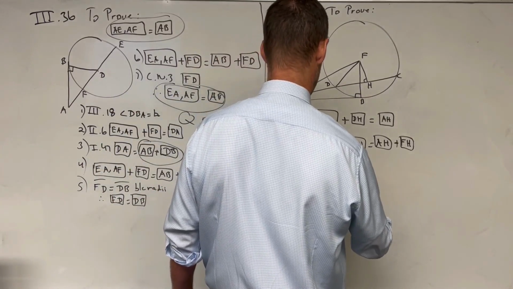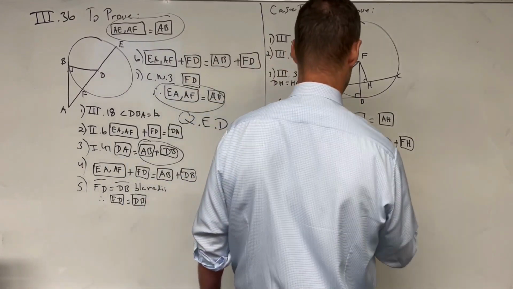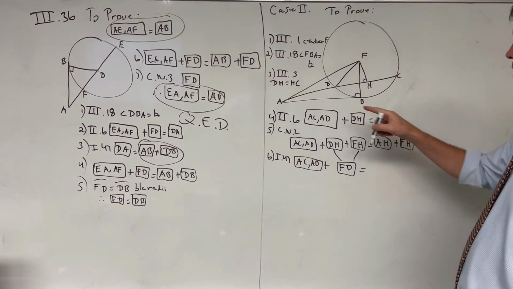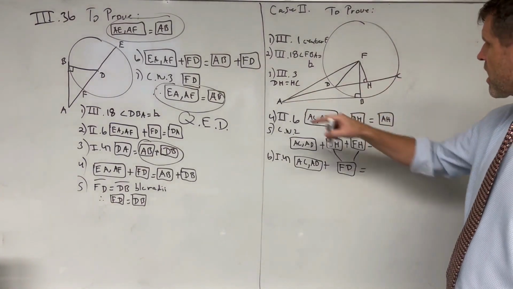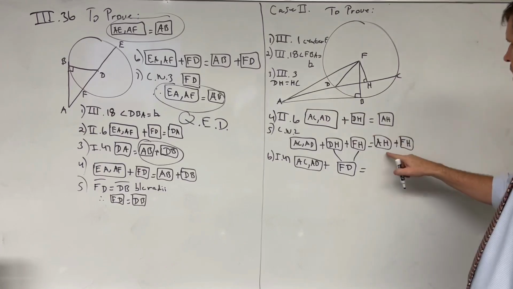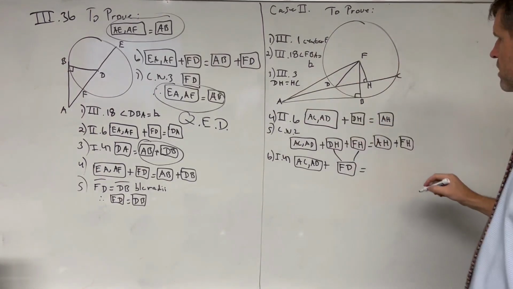We can rewrite that as square on FD. But in the triangle FHA, since the angle at H is a right angle, then the square on AH plus the square on FH are equal to the square on FA.